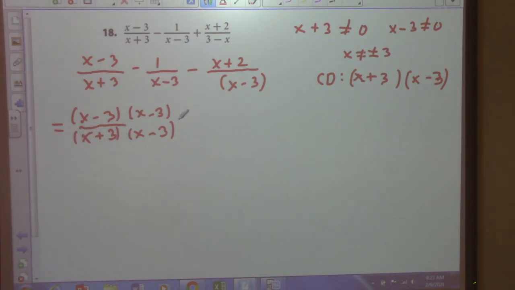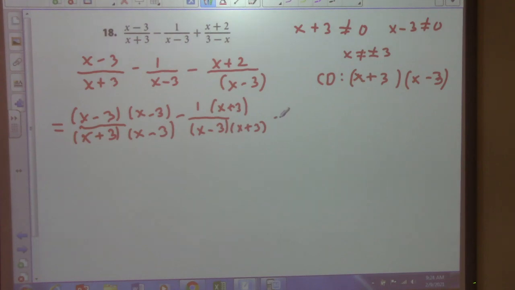Okay, what next? Minus, we have 1 over x minus 3. And what do we multiply this by? x plus 3, right? Yeah. So here we have x plus 3 up here.